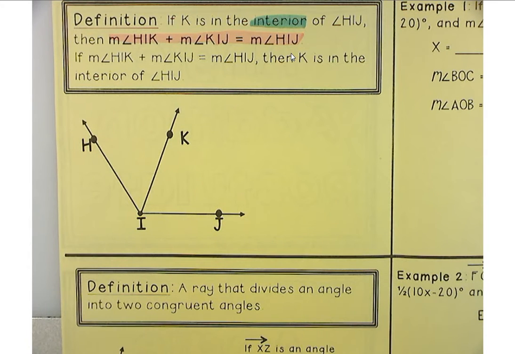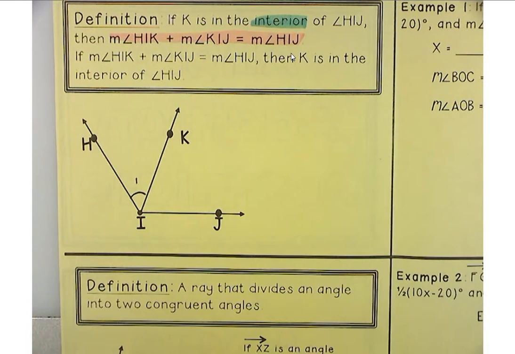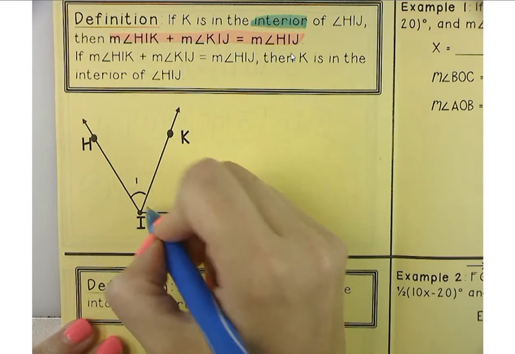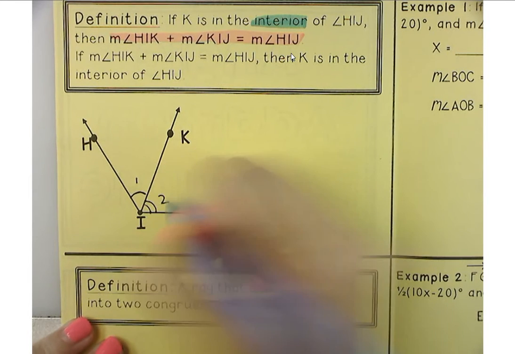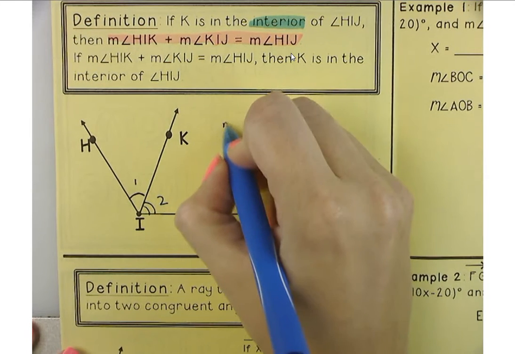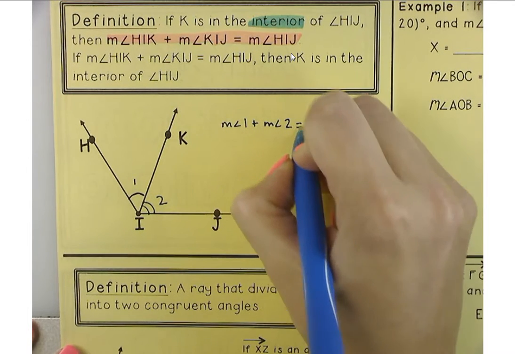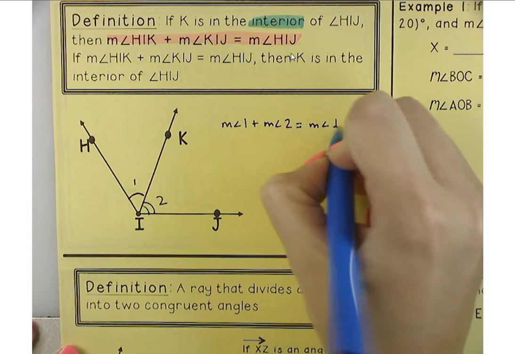Another way you can think of this, we're going to give these some labels. Let's label this one angle 1, and we will label this angle 2. So it's just the measure of angle 1 plus the measure of angle 2 equals the measure of angle HIJ, which makes sense.